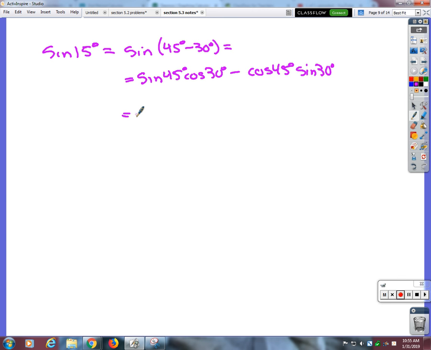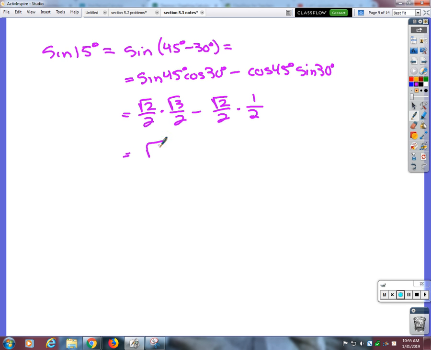Okay, so sine of 45 degrees: root 2 over 2. Cosine of 30: root 3 over 2. Cosine of 45: root 2 over 2. Sine of 30: 1/2.